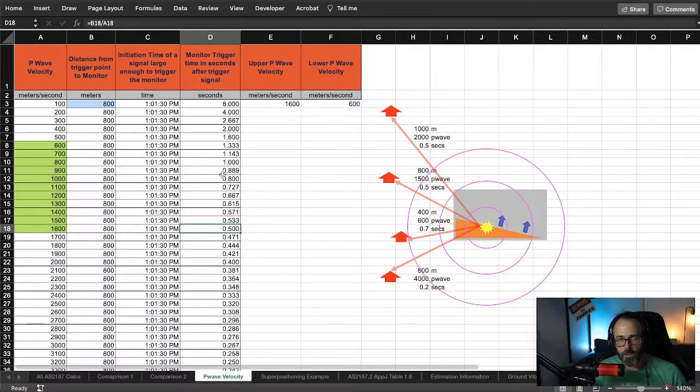So there's a massive range there, and it depends completely on your P wave velocity, and that depends on your geology. So can you control P waves? No. Should you think about them? Yes, you should think about them. Should you tie your model to them? Maybe not, unless you're doing like a doctorate on it or something like that.